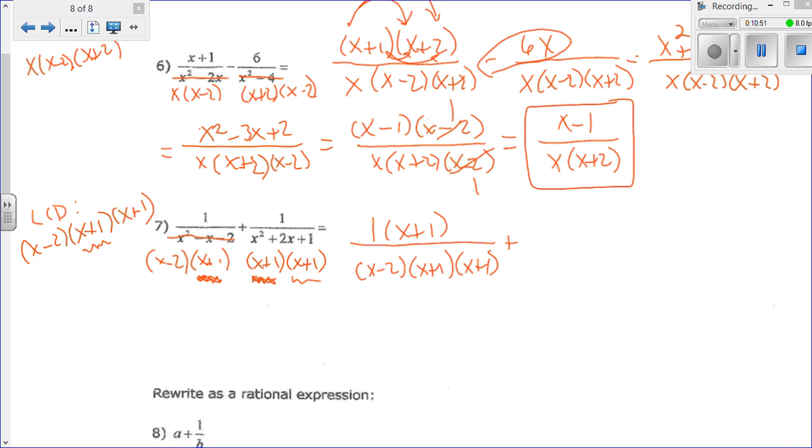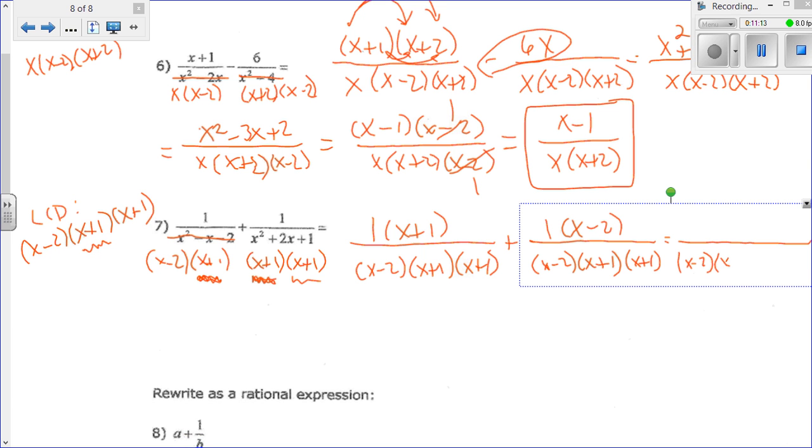Plus, x minus 2, x plus 1, x plus 1. What's missing from my second fraction is an x minus 2. So let's see if I can fit this here.